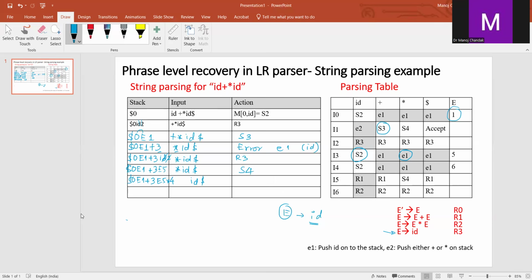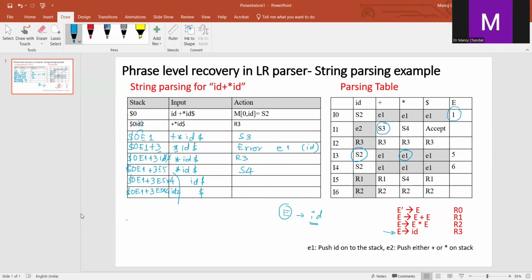Now 4 on ID. So 4 on ID will be S2. So again dollar 0 E 1 plus 3 E 5 star 4, and then we will have ID followed by 2. So this is all our stack, and still what remains in the input is dollar.